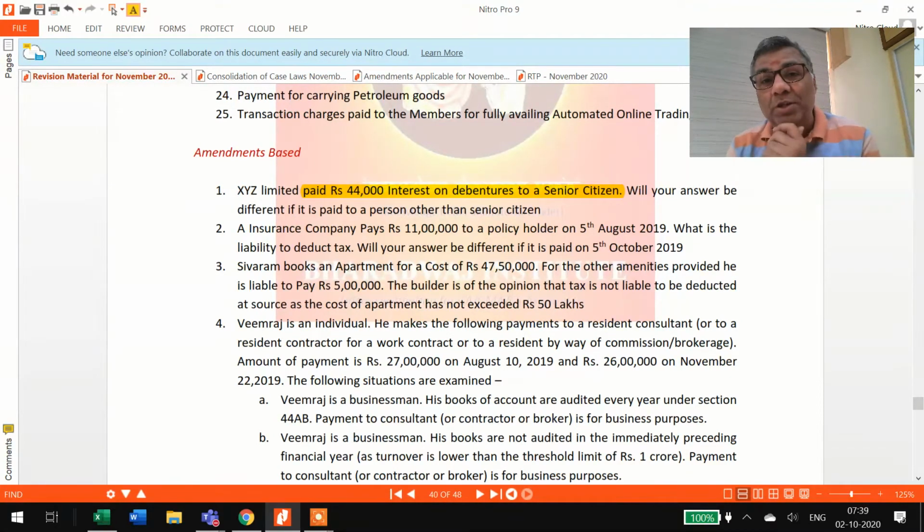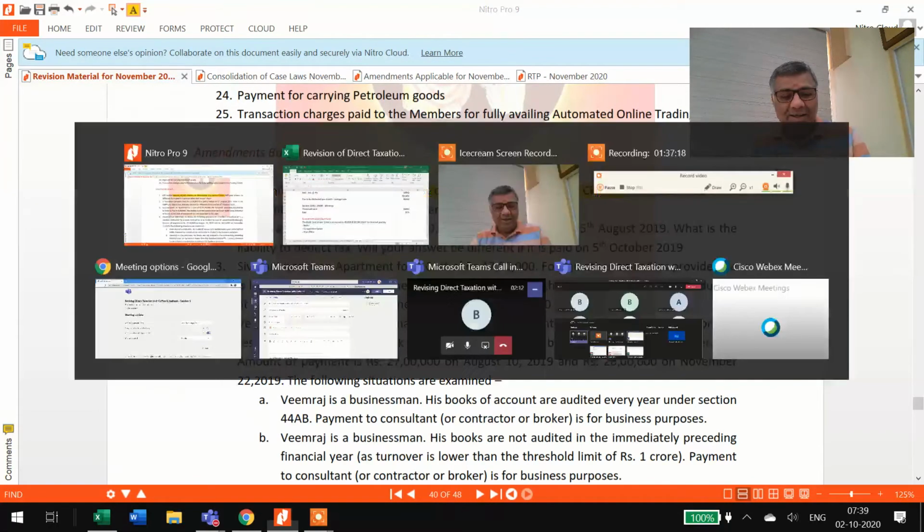For others, it was 5,000. This 10,000 is increased to 40,000 or 50,000 as the case may be. So that 5,000 remains still.